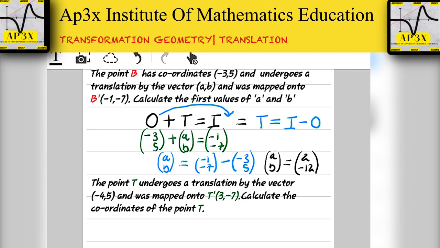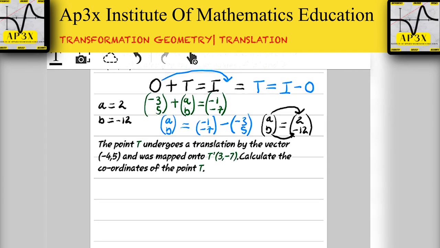Therefore we can safely say that A is equal to 2, and by comparison, B is equal to minus 12. And that is simply how you get the answer to a worded translation question without any graphical representation. Let us apply the same concept to the question down here.